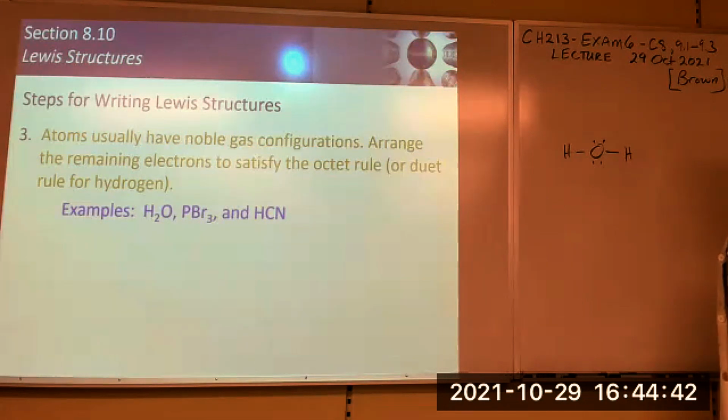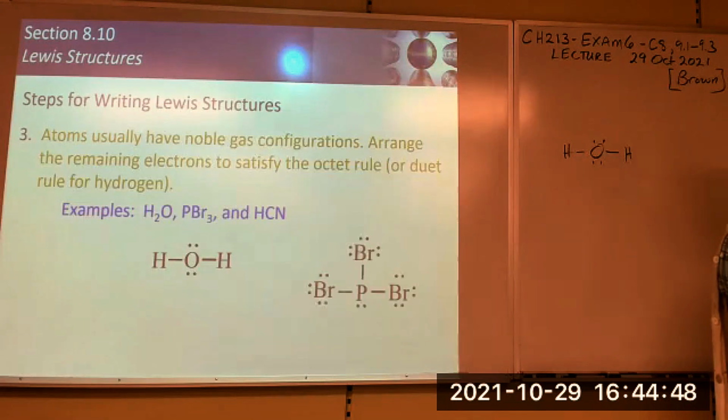So let's see, which one do we want to do? Well, there's water. If we do the same thing with phosphorus tribromide, phosphorus has how many? Well, let's look up here. If you want to find how many valence electrons, you just count from the left. 1, 2, 3, 4, 5.